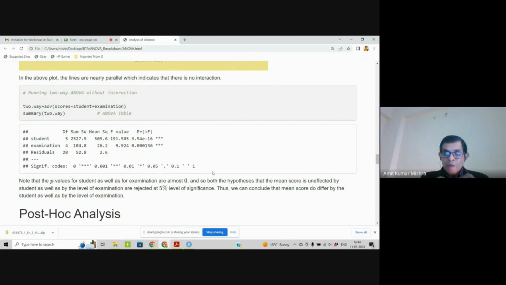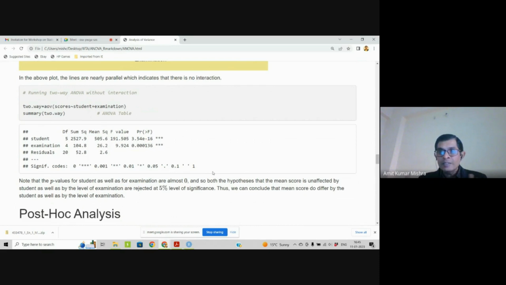Now, from here, we can say that there is a difference in scores due to student and there is a difference in scores due to examination. Now the question arises, where is the difference? That means, is the difference between the first and second student, or between the first and fifth student?